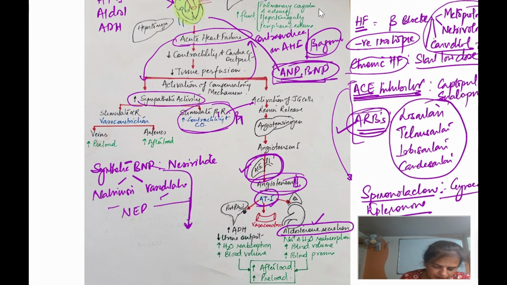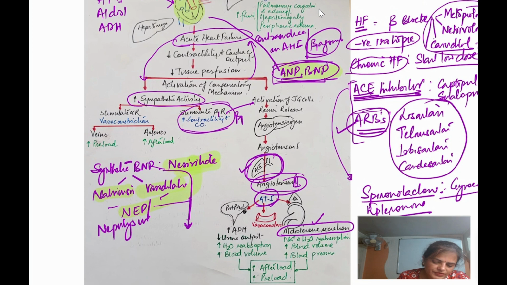Another name for neutral endopeptidase is neprilysin. So they are going to be metabolized, whether it is this one or you are giving nesiritide, synthetic BNP. This has the same effect. It is also going to produce natriuresis and vasodilatation, and it is metabolized by neutral endopeptidase or neprilysin very fast.